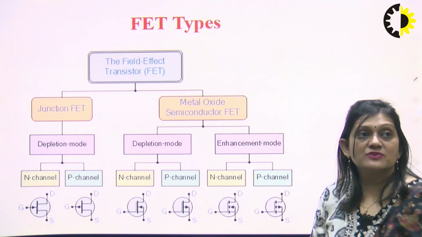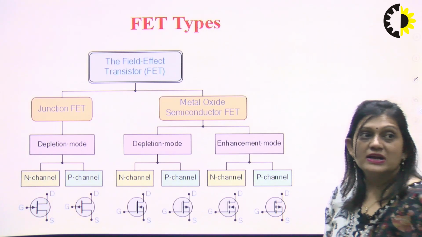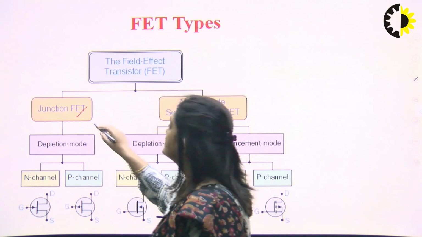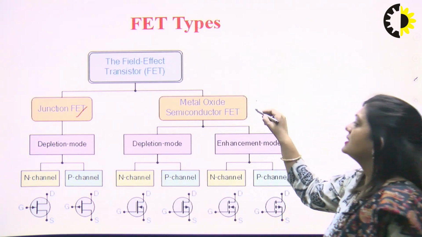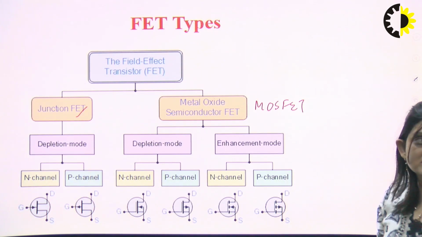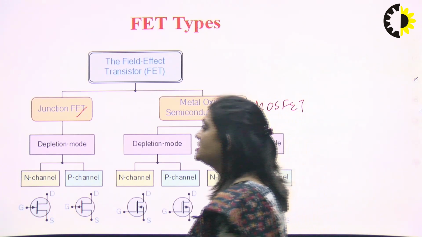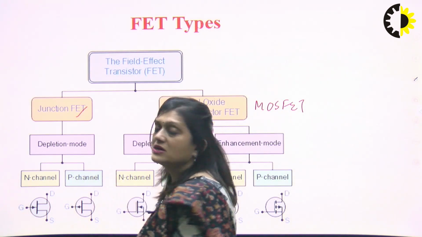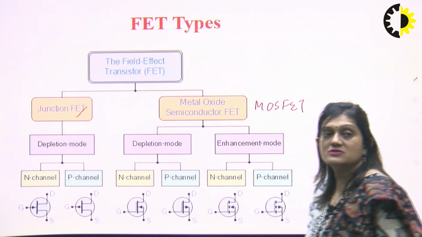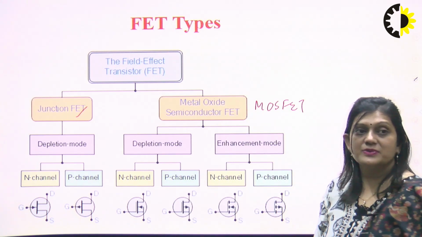Now, different types of FET. Basically the FET is of two types: the junction field effect transistor, JFET, and the MOSFET, the metal oxide semiconductor field effect transistor. JFET works only in the depletion mode, and it is of two types, N channel and P channel. MOSFETs are of two types, depletion and enhancement.